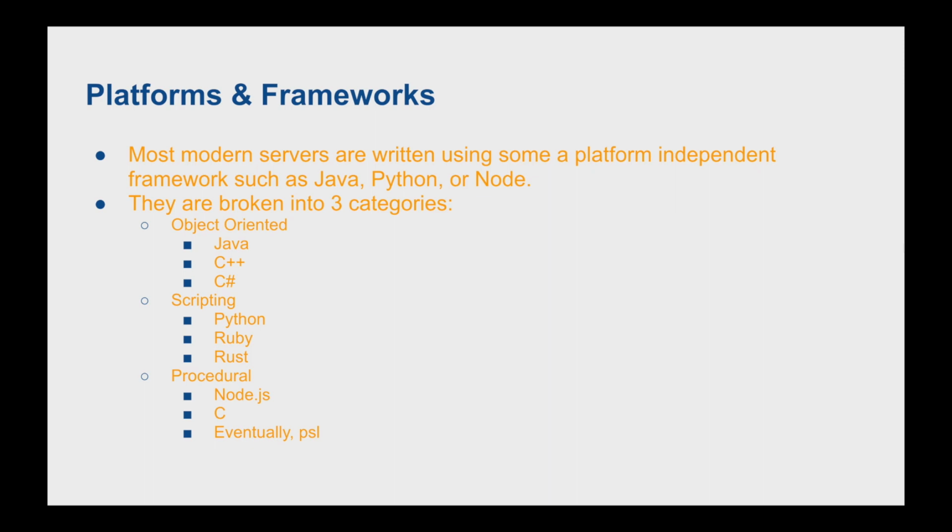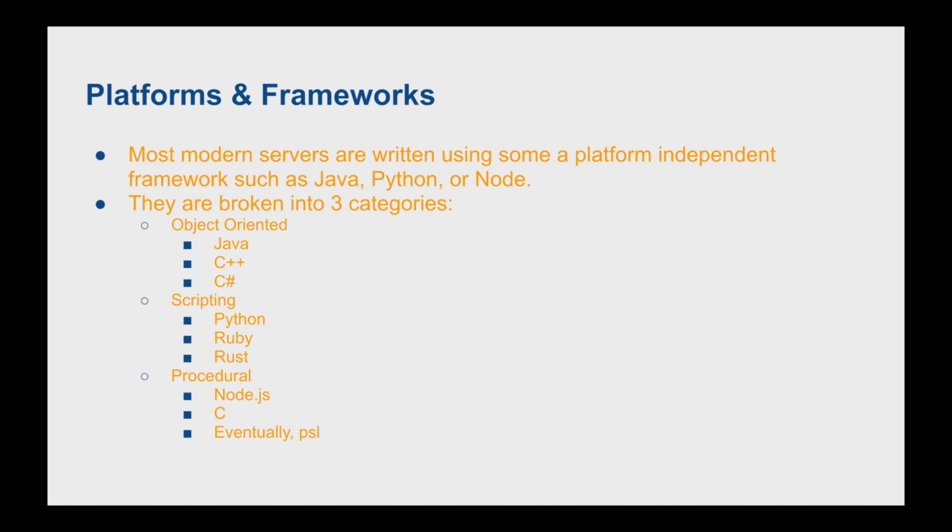Platforms and frameworks are the most modern way to write a server. They typically are platform independent. Some examples are Java, Python, and Node. These are typically broken up into three categories, which reference the type of programming language that they are written in.